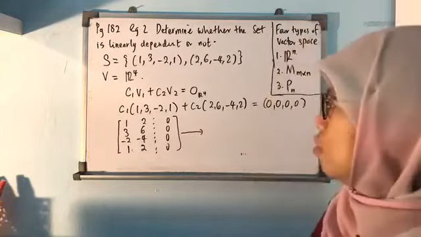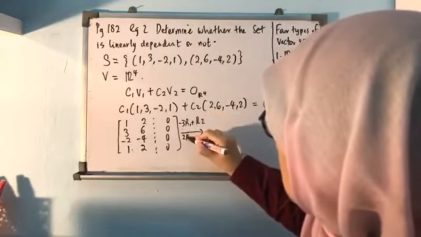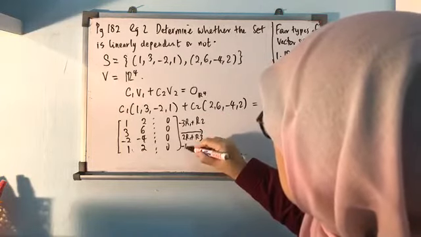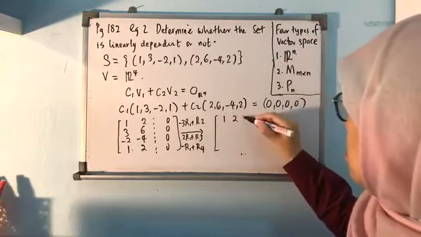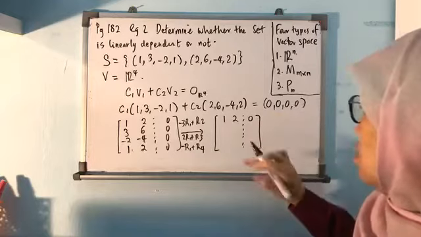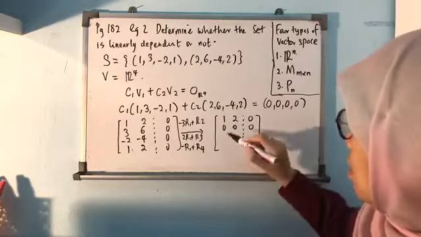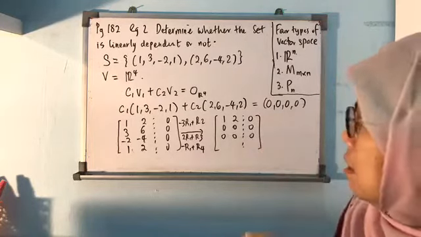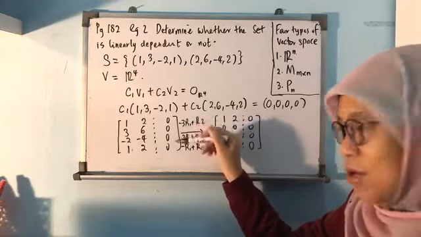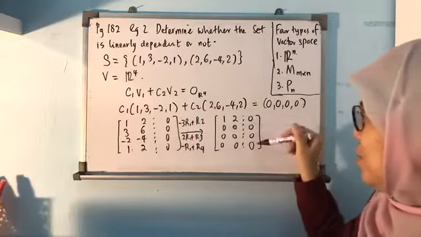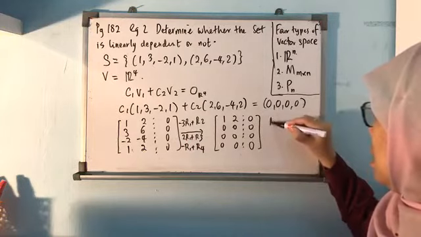So, row operation, negative 3 R1 plus R2, 2 R1 plus R3, negative R1 plus R4. Okay, negative 3 and add, 2 and add, and negative 1 and add. You know this one? You don't have to calculate because it's always 0. So what happened here? You will see that many solution.